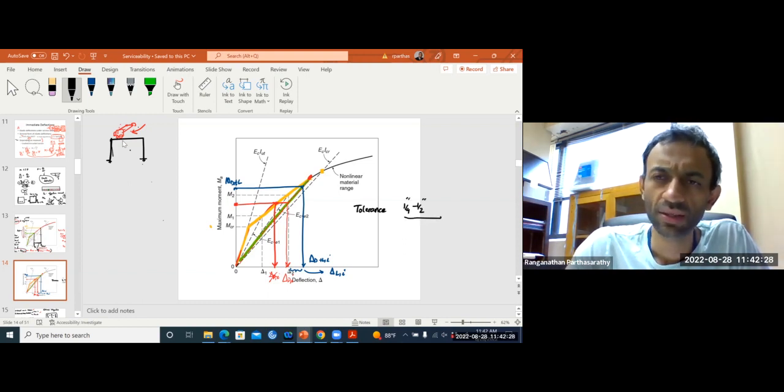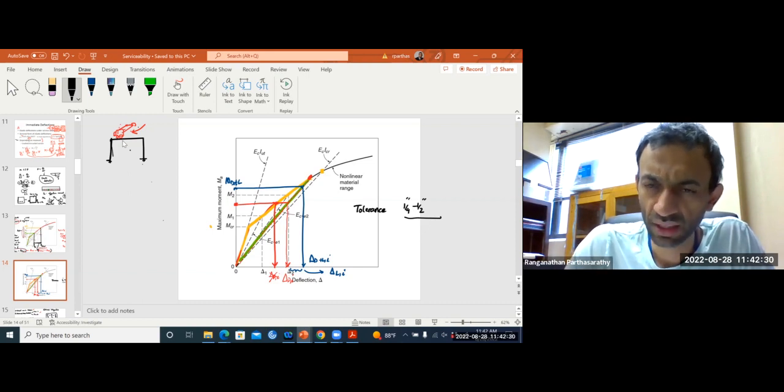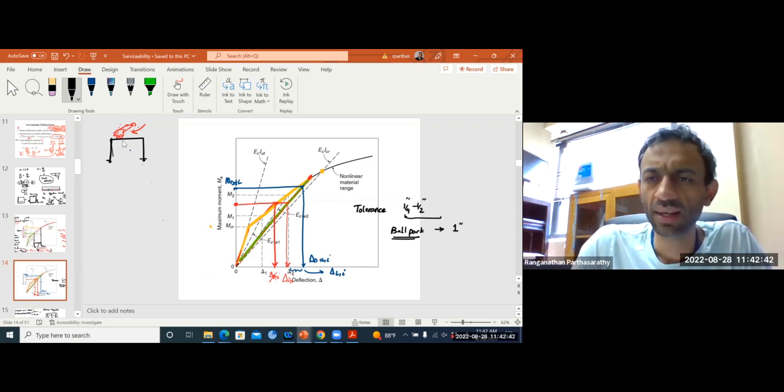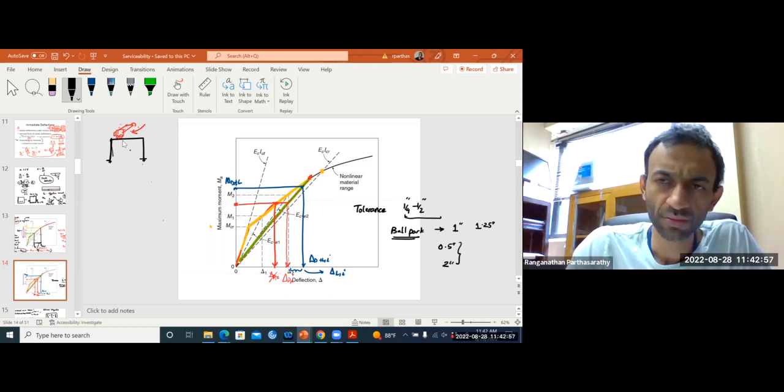What we want is a clear idea that we are in the ballpark. If our calculation says the deflection is 1 inch, and the actual deflection is 1.25 inch, that's fine. But if we say our deflection is half an inch and the actual deflection is 2 inches, that's not okay. So we have some tolerance, but we want to be somewhere in the ballpark.